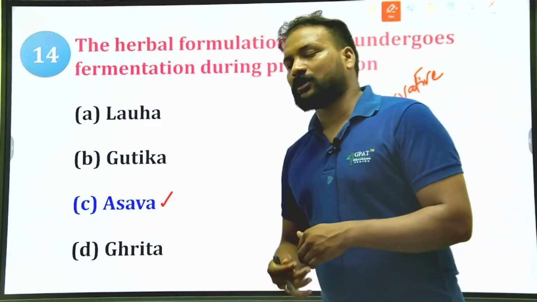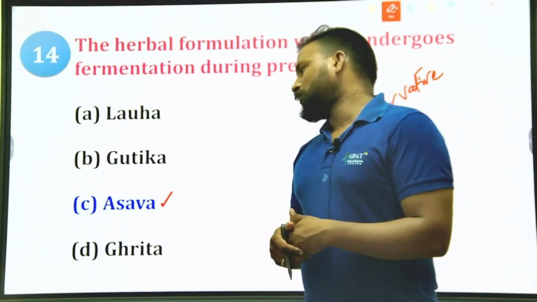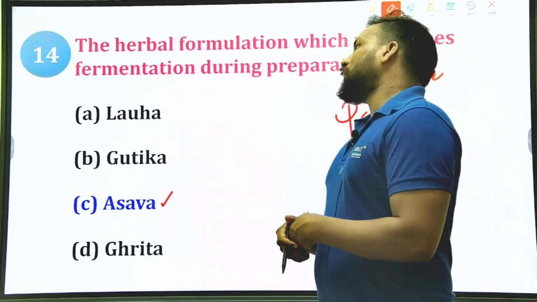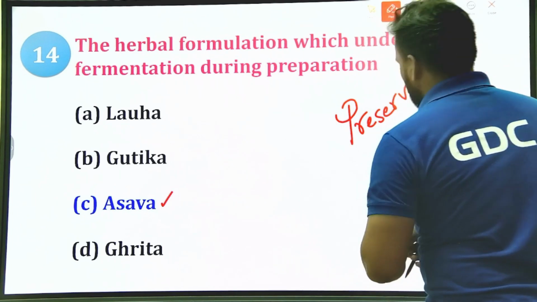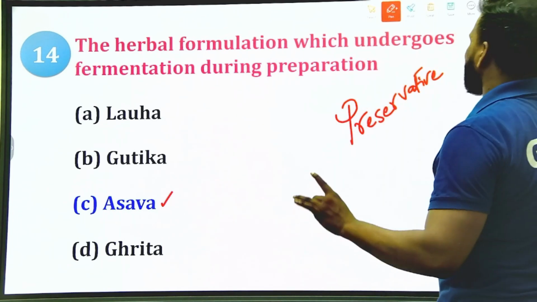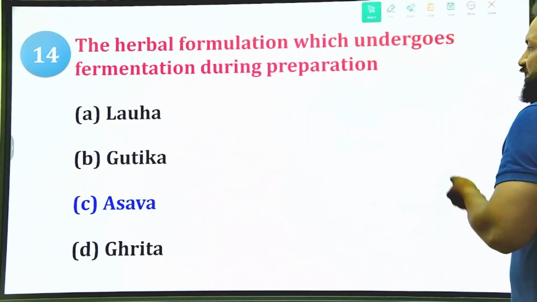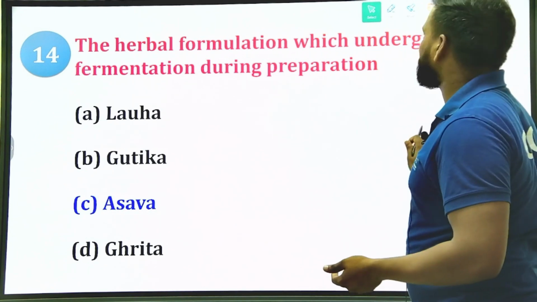What is the alcoholic preparation in the herbal formulations, what are the self-generating alcoholic preparations, and what are the preparations or formulations that undergo fermentation. For all these questions, one answer: asavas and aristas, because they are alcoholic preparations as well as they are subjected to fermentation. Clear? And next one.